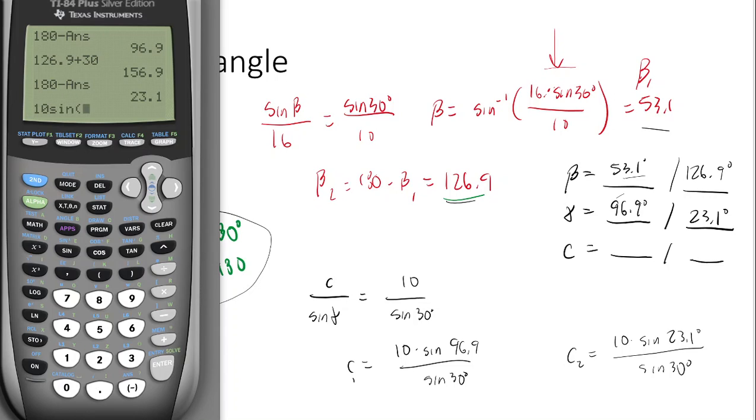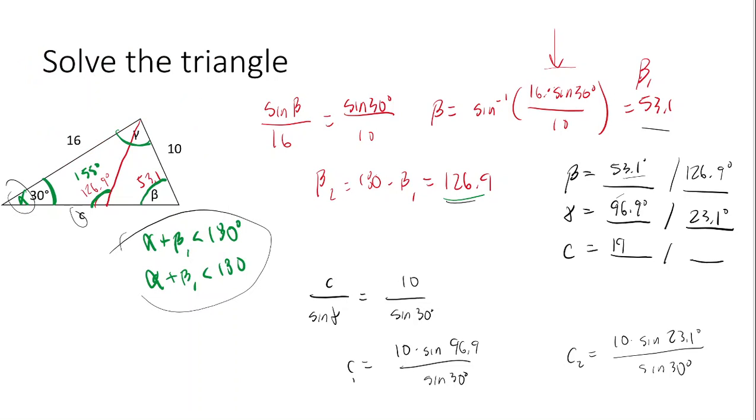10 times the sine of 96.9 divided by the sine of 30. So that's going to be 19.87. If we're in this one, we would expect side length C to be much smaller than in this other triangle.